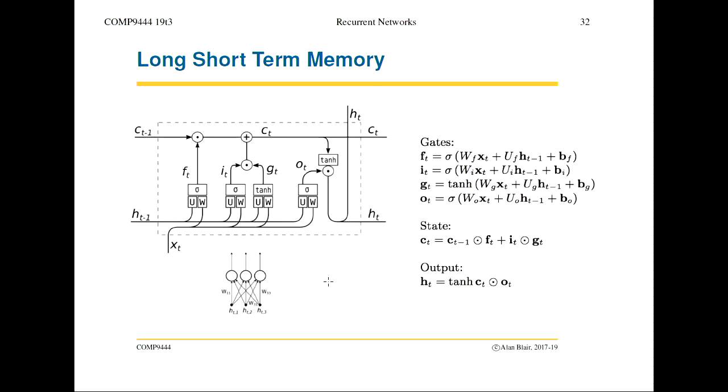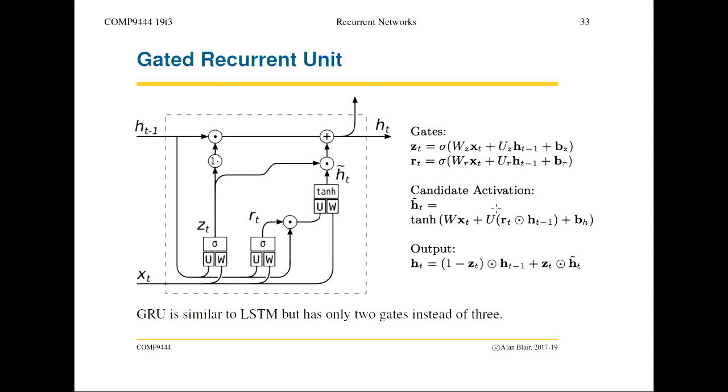Now, some people looked at this and said, well, I like the idea, but I can't really understand why you need three gates. It always seemed a bit excessive to have three different gates. Surely there's a way to do it with two gates. And so eventually people tried various different things and came up with this architecture here, which is called the gated recurrent unit, or GRU.